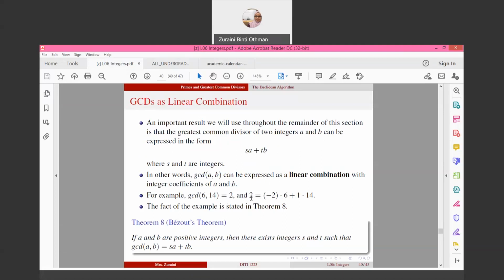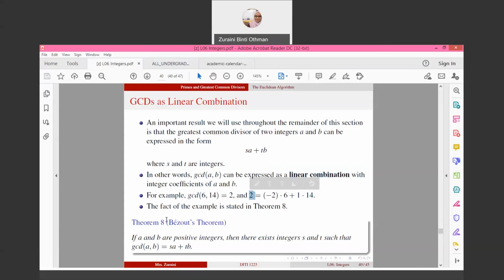So kita tahu bahawa kat sini, for example GCD ialah 2. So sekarang 2 ialah, dia punya linear combination ialah, so kita kena letak 2. Yang ni 6 kan, 6 dengan 14. So negatif 2 kali 6 campur 1 kali 14. So kita dapat 2. This is what we call the linear combination to get the GCD value kat sini.